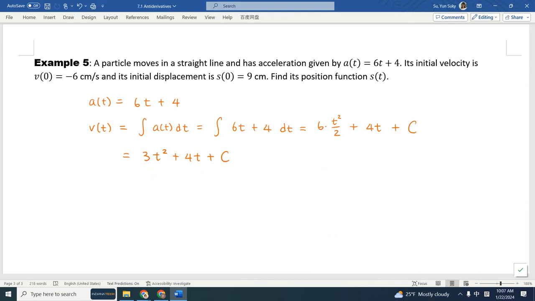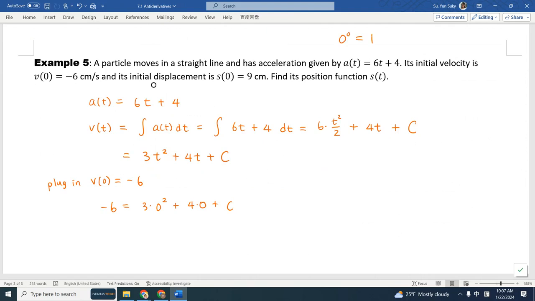Okay, so we plug in v of 0 is negative 6. On the right-hand side, we plug in t is 0. 0 to whatever power is 0, except 0 to the 0, which is defined to be 1.